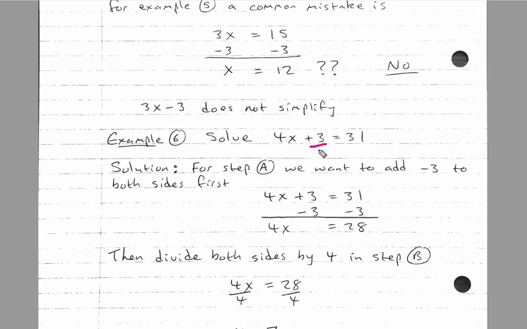The ultimate goal is to just get x on the left. So first we're going to try to eliminate this 3. So we subtract 3 on both sides. It's the same as adding negative 3.